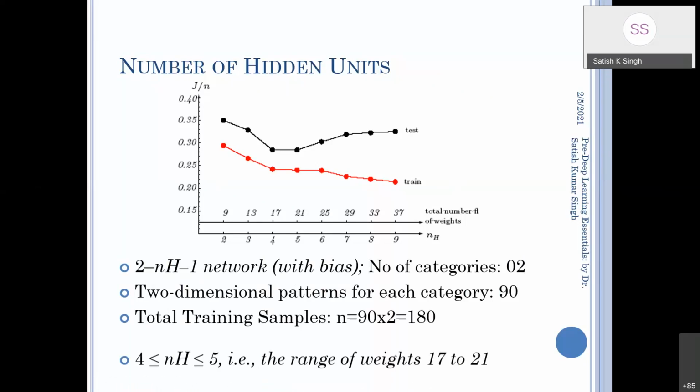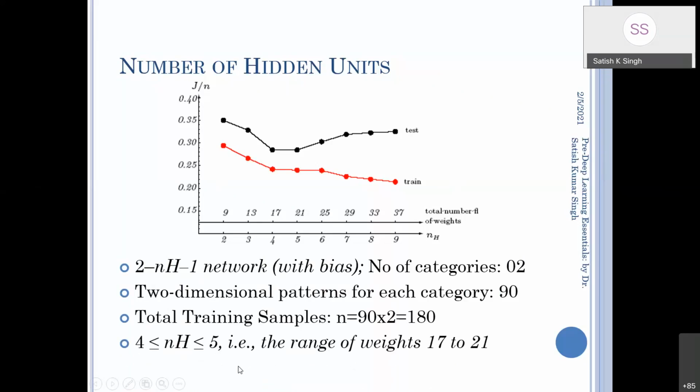Here NH, the number of hidden units, is between 4 and 5. On which ground? When the train error is minimum, at the same time the test error is also minimum. The test error is minimum when the total number of weights is between 17 and 21.